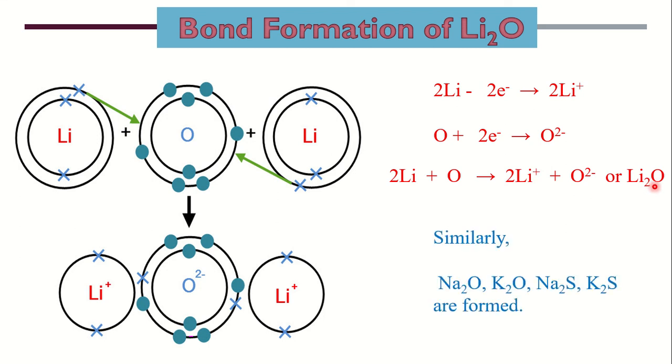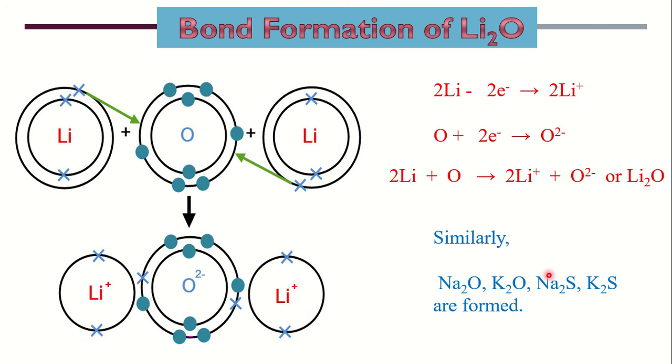In the same way, sodium oxide, potassium oxide, sodium sulfide, potassium sulfide are formed. Sodium and potassium are also metals, they release 1 electron, and oxygen or sulfur need 2 electrons.